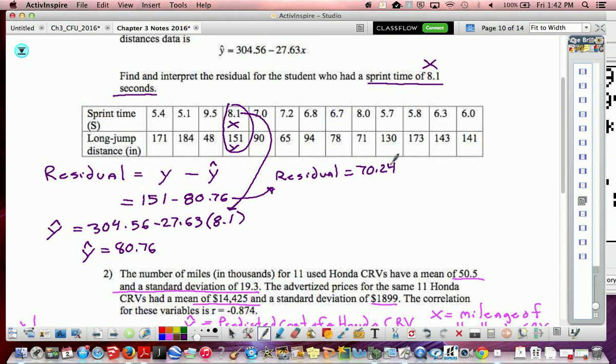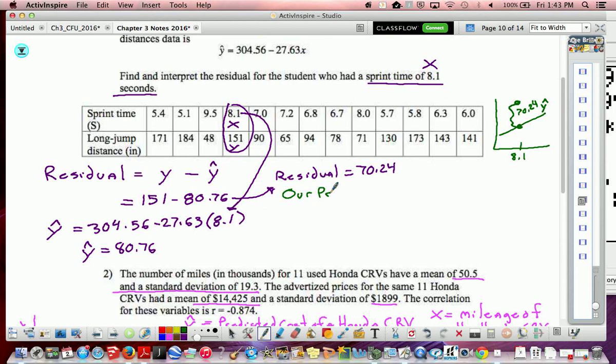So now the question is, what does that mean in this context of the problem? So what I like to tell students to do is sometimes, if it helps you, visualize what your residual actually is. If this is your y hat equation, and this was 8.1 seconds, the observed value is much higher than the predicted value by this distance of 70.24. In this case, it's in inches. So we could say something to the extent of this.